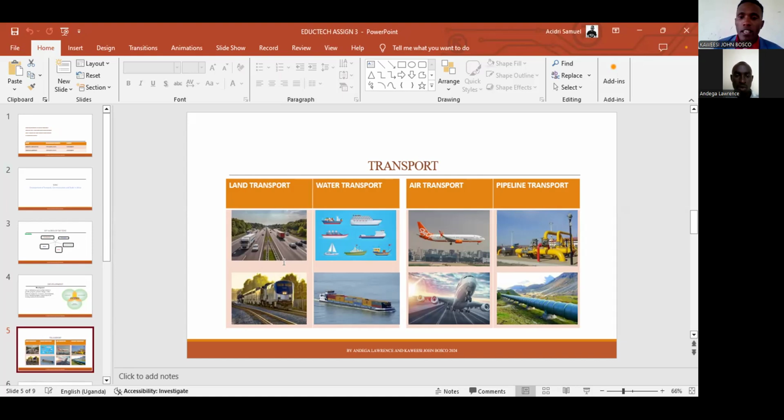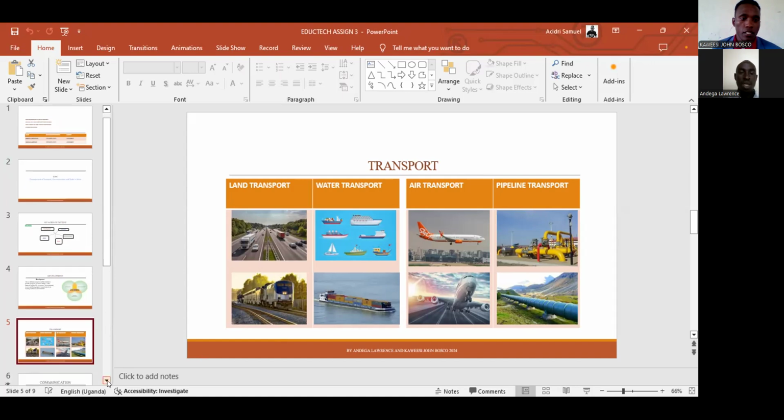So another type that you can talk about is pipeline transport. So what is pipeline transport, Lawrence? From my previous knowledge, from A level and O level, they have been telling us that pipeline transport can be referred to as movement of goods from one place to another.